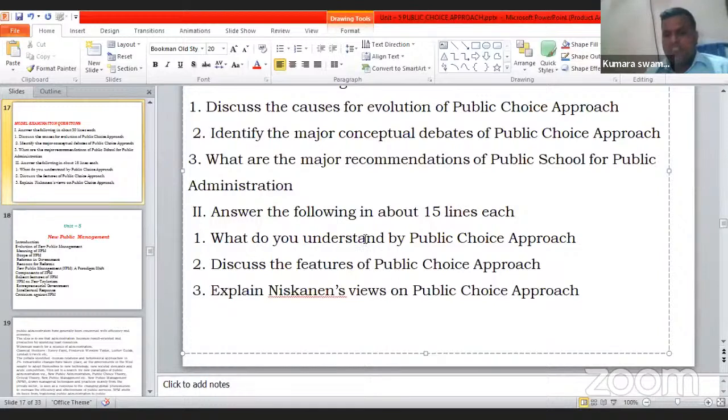Means, what is the public choice approach, we need to write. And discuss the features: write the main features of the public choice approach and explain Niskanen's views on the public choice approach. So you need to write Niskanen's ideas or views on the public choice approach.